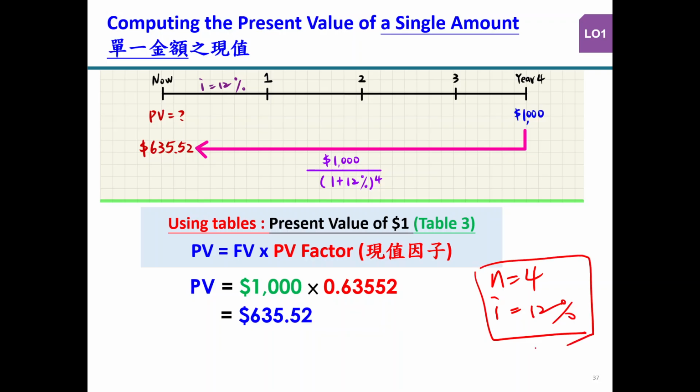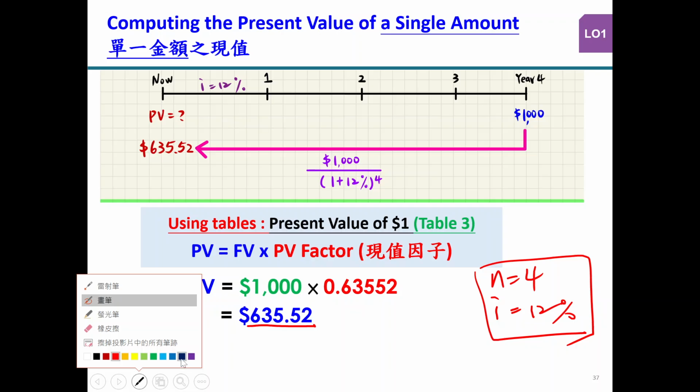You can use your own calculator or you can look at accounting tables, either way, depends on you. So what does it mean? Finally, we find out the present value is $635.52. So what does it mean?